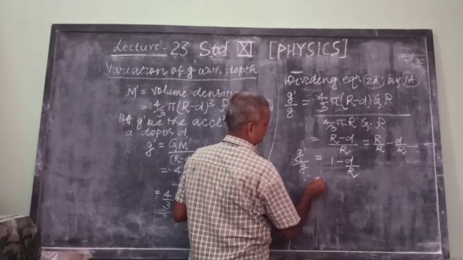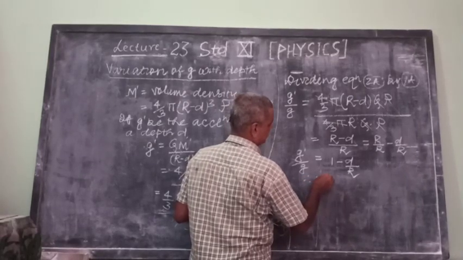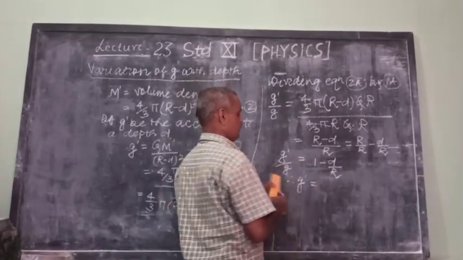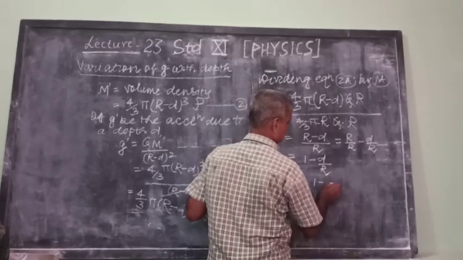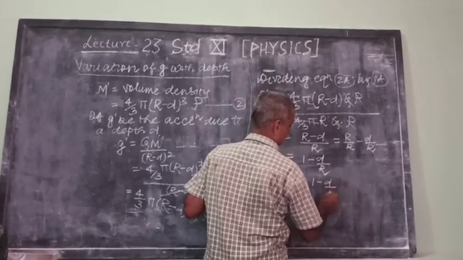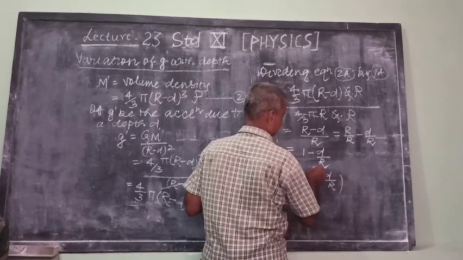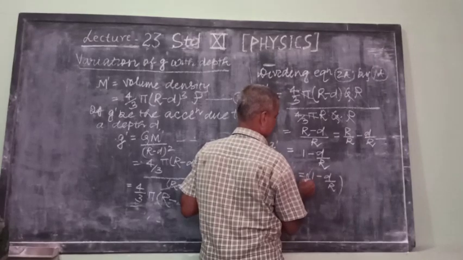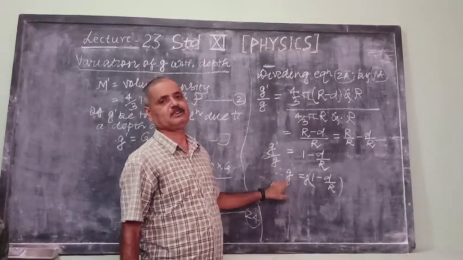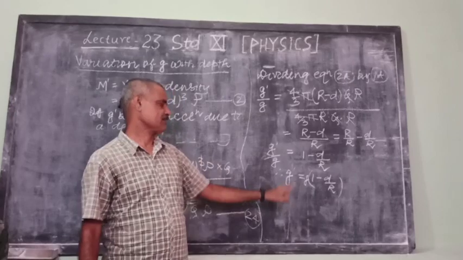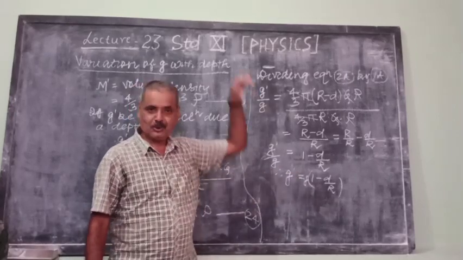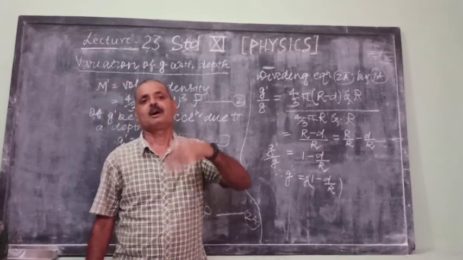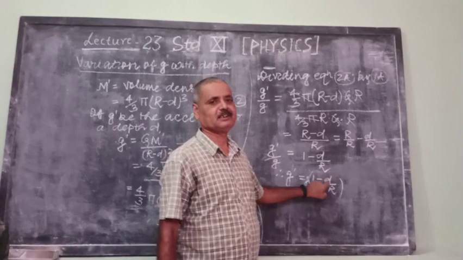Therefore acceleration due to gravity at a depth, this g dash must be equal to 1 minus d by r, and it will be multiplied by how much? g. We can also write g times this. Actually this is the final value of acceleration due to gravity below the surface of earth at a depth d. Now I will describe it in detail here.